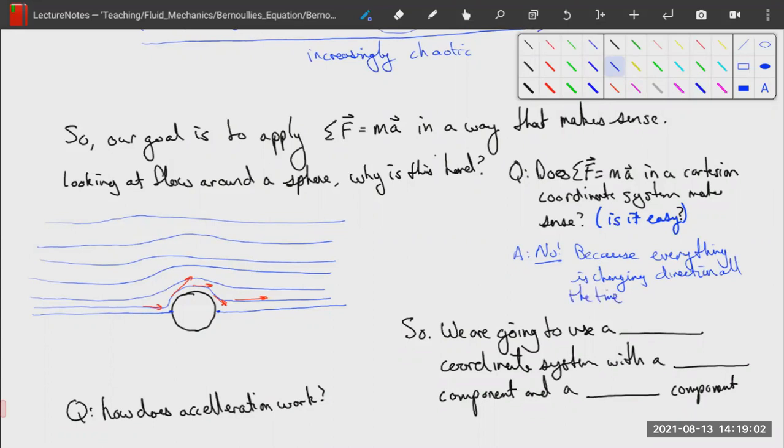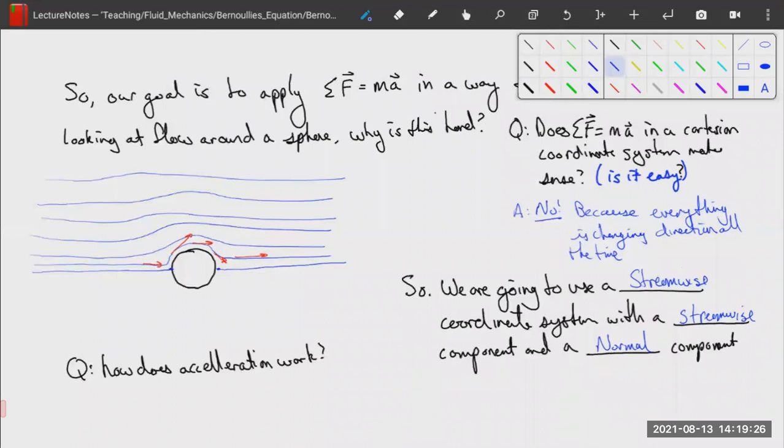So instead, we're going to use a streamwise coordinate system with a streamwise component and a normal component. Okay, so if we draw a few streamlines on the bottom side of this sphere, we're going to draw them a little bit farther apart.